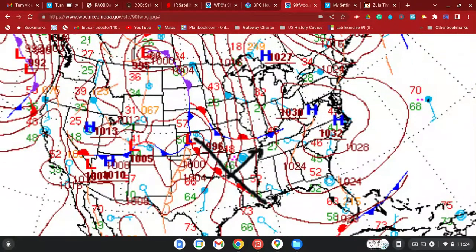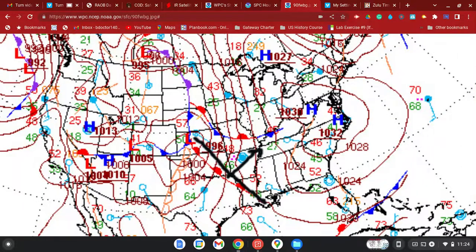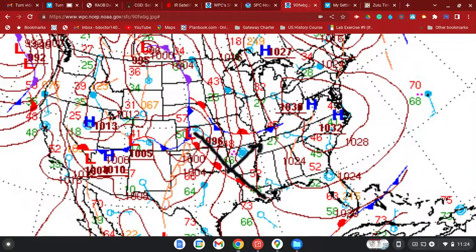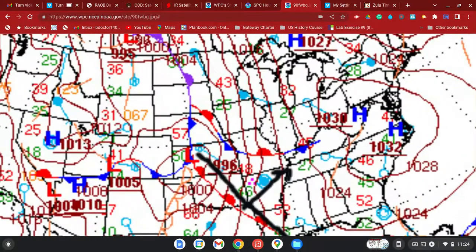Now you see the different colors. Blue obviously is for cold, cooler air. Red is for warmer, hot air, and the purple means this is an occluded low, meaning it is a mature storm that is in the ending stages.